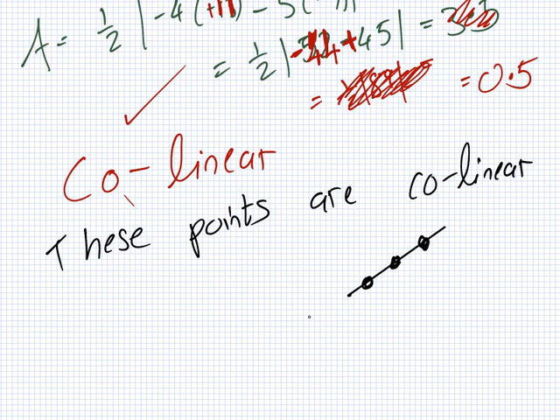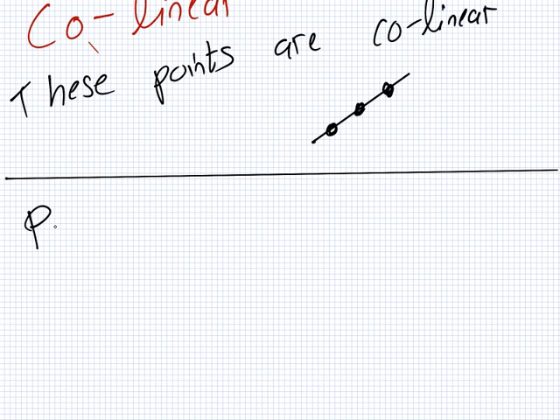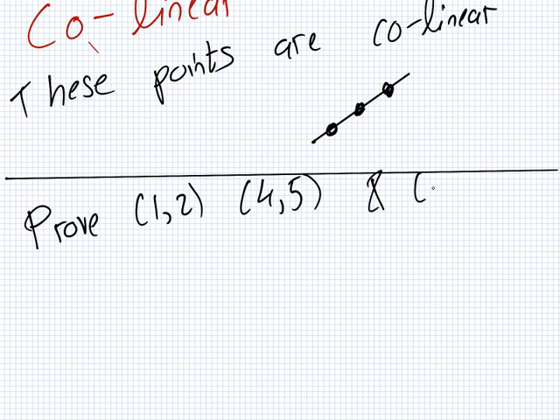So now that you know this word, I want you to think about this question. Prove that 1, 2, 4, 5, and 7, 8 are collinear.